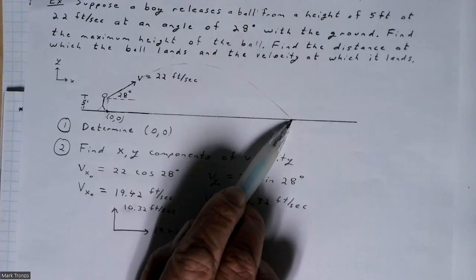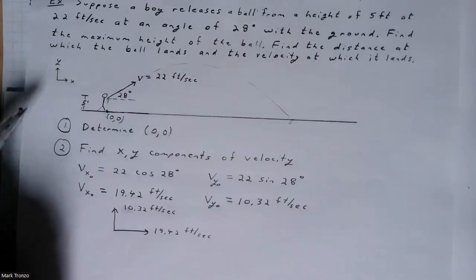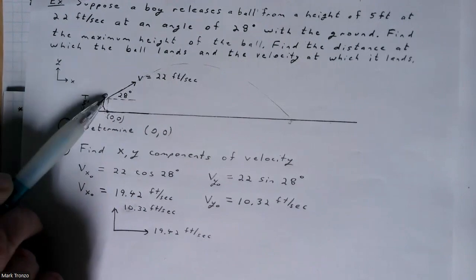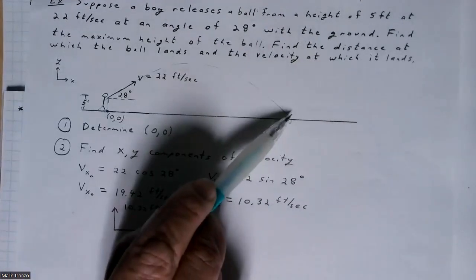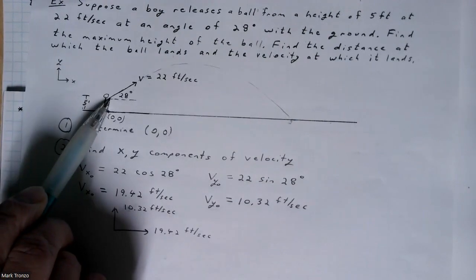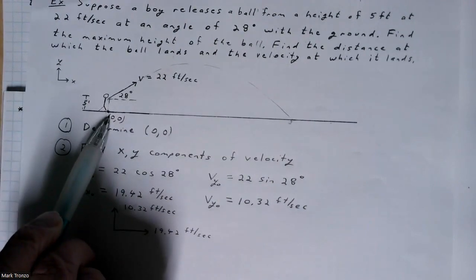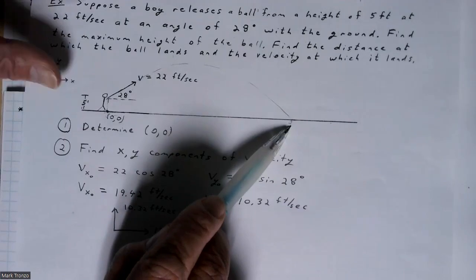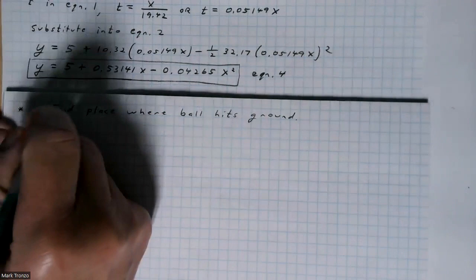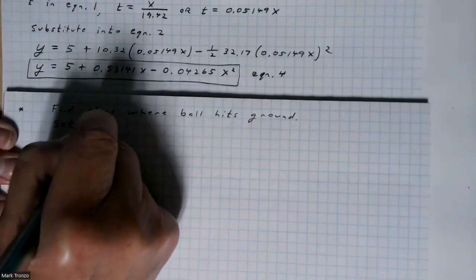Now, if you happen to pick your 0, 0 point up here where the ball left the boy's hand, then when you do this step, you're going to have to use -5 here. But I set this as 0, 0, so the y component here is going to be 0. And so to find where that happens, set y equal to 0.